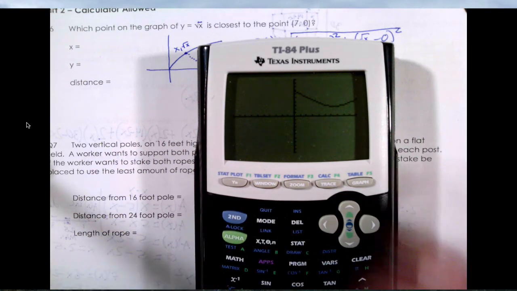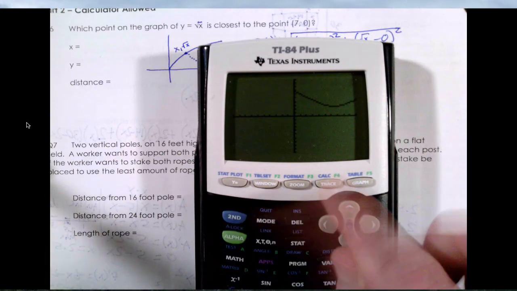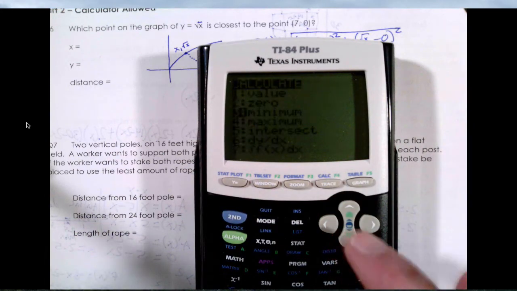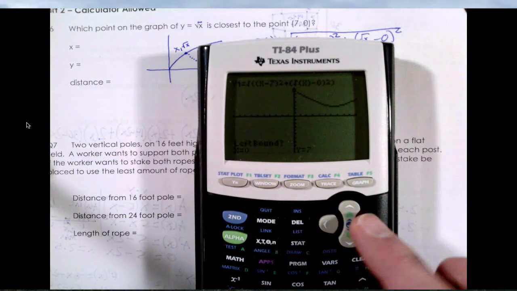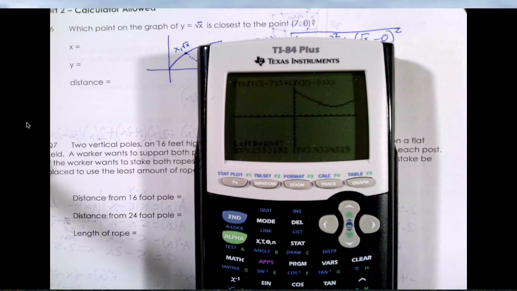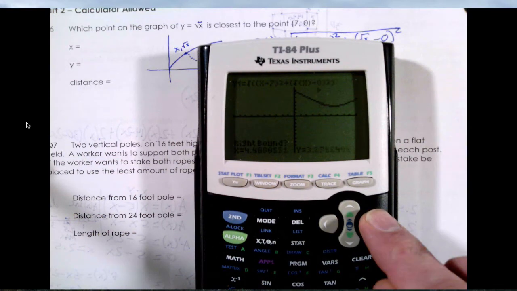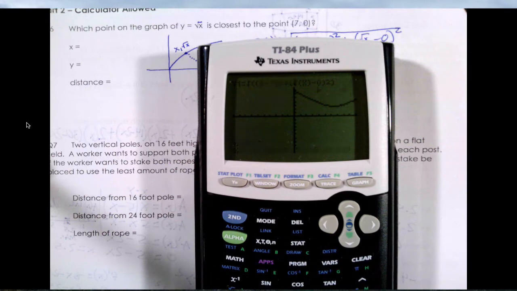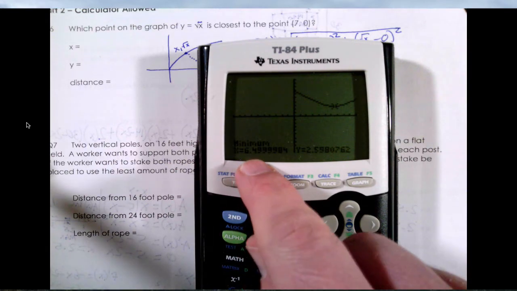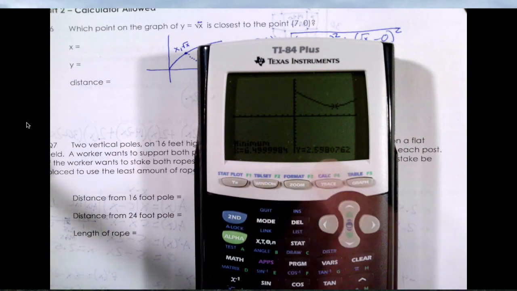Okay, I need to find that minimum value. So second, calculate, all right, minimum, and there's our first point, surrounded over here, enter, enter. Okay, so we have 6.5 and 2.598.